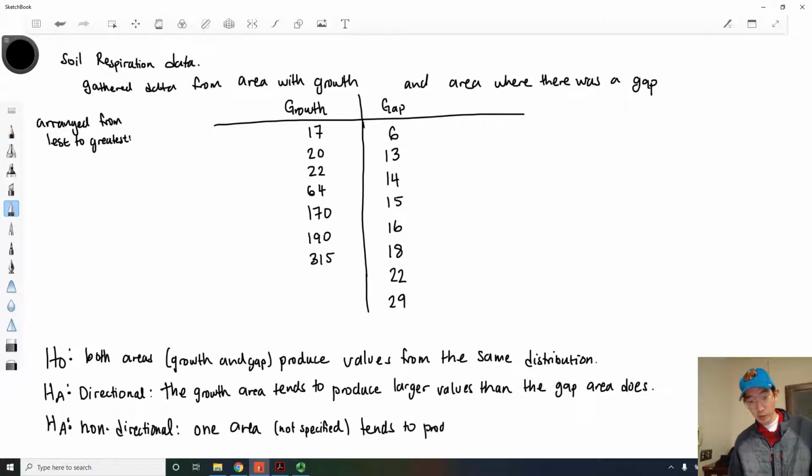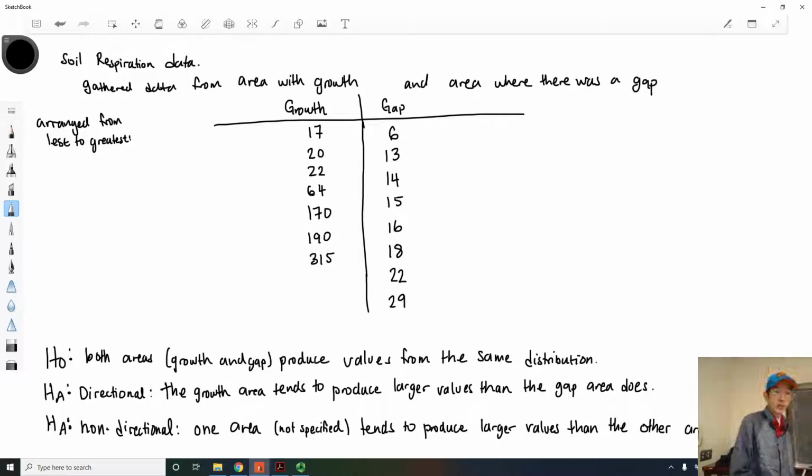Is that all right for the hypotheses? In this case, we're saying the growth numbers tend to be larger than the gap numbers, or one area tends to produce larger values.